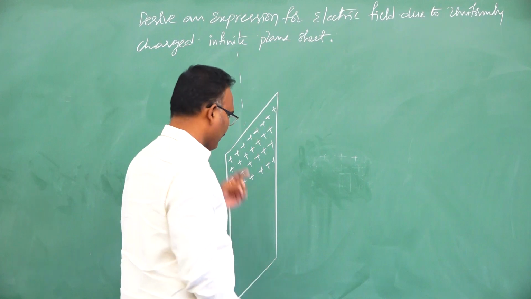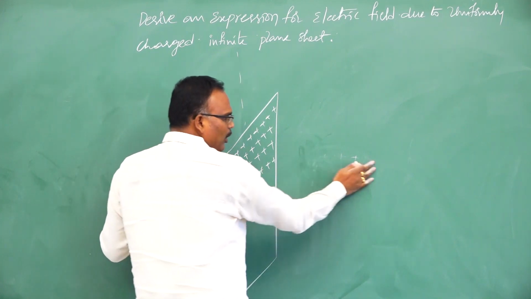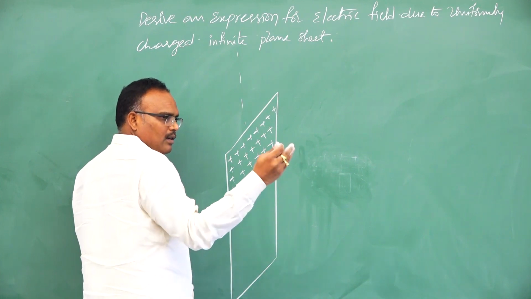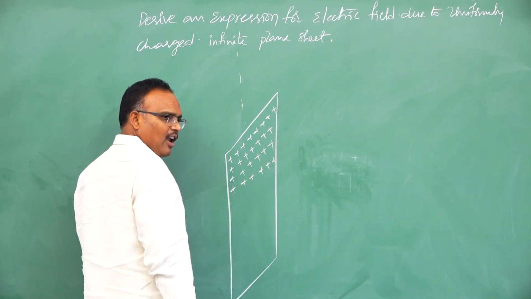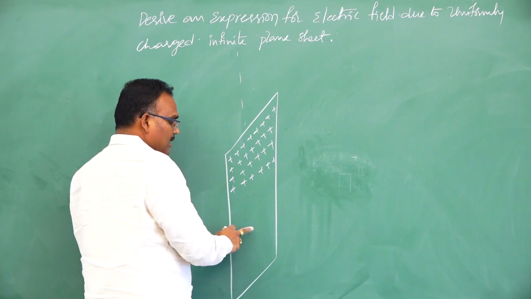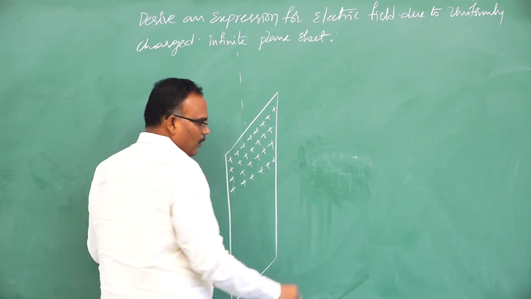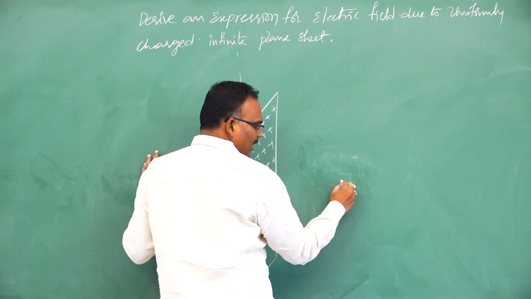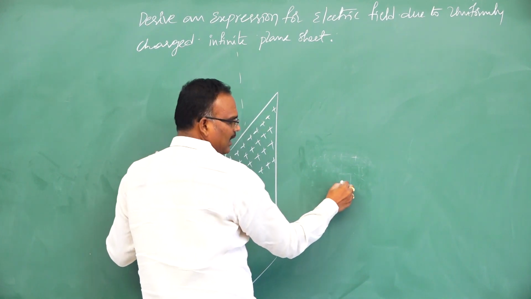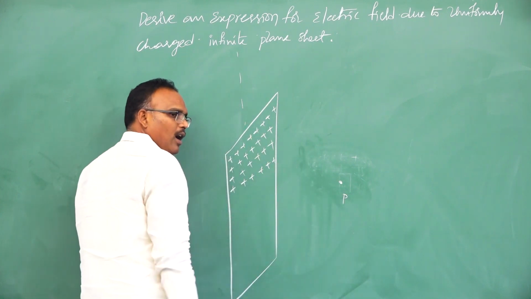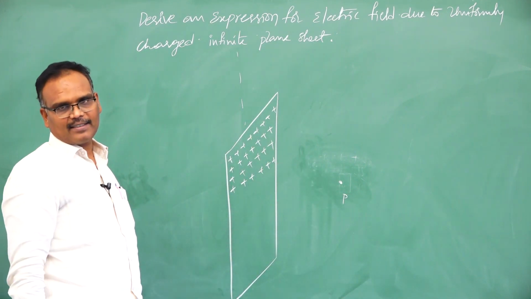This is important. So electric field produced by a sphere is non-uniform. A linear charged conductor is non-uniform. Whereas electric field produced by sheets is uniform. If you want to calculate electric field at any point in front of this sheet, you select that point and I need to draw a Gaussian surface.